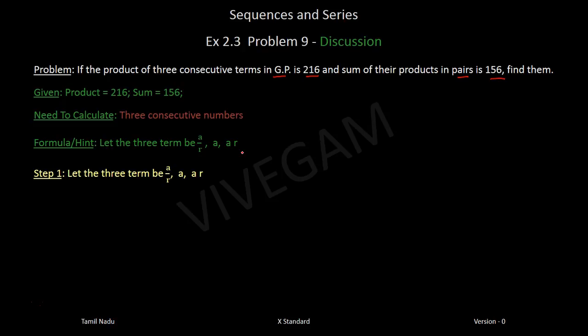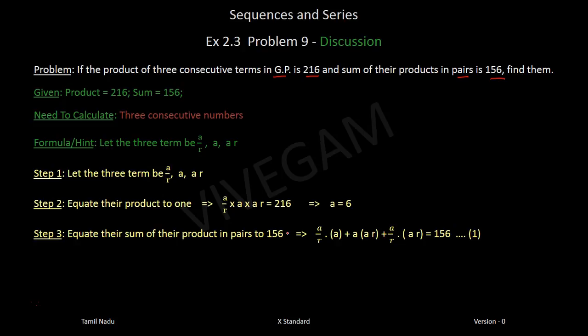Let the three terms be a by r, a and ar. Find their product and equate it to 216. r and r cancel, so a cubed equals 216. From that you will get a equal to 6 by taking the cube root. Now equate the sum of their products in pairs to 156. What does it mean?